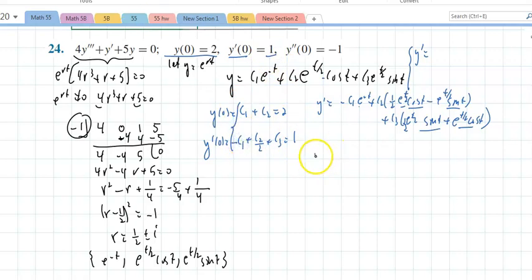If I take y double prime, that will be c sub 1 e to the negative t plus c sub 2 times the derivative of this, the product rule.